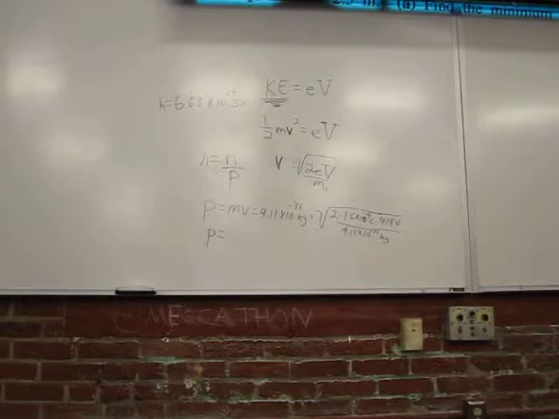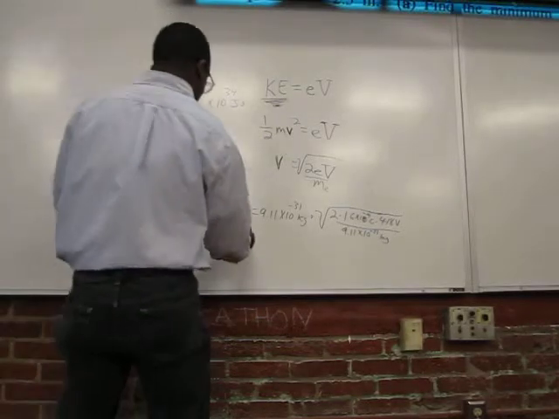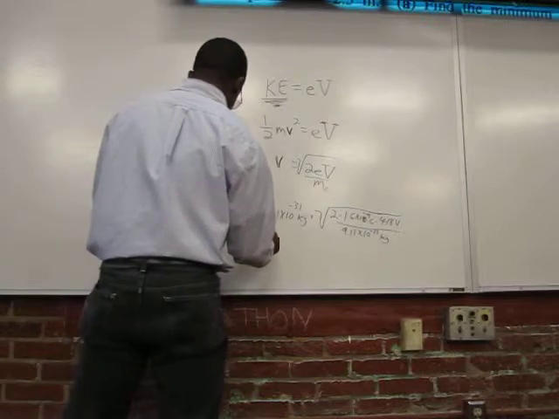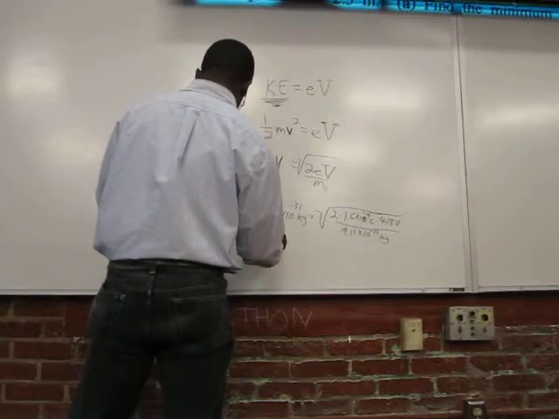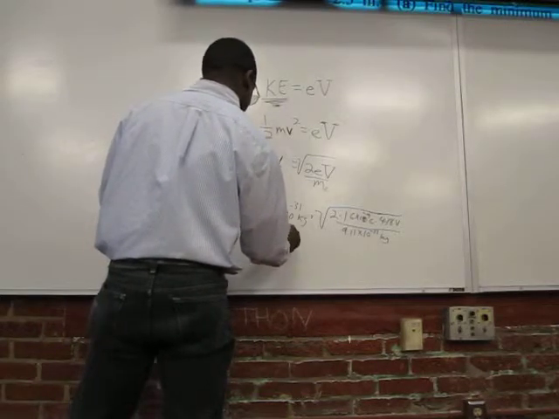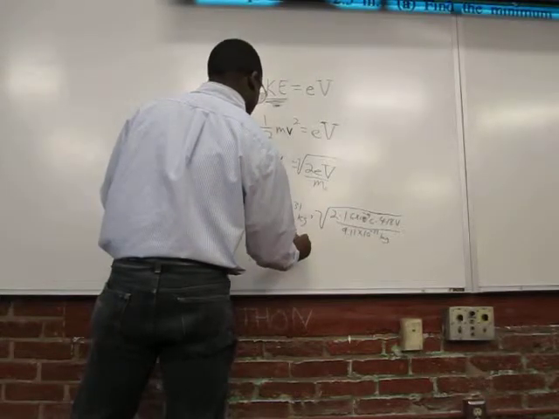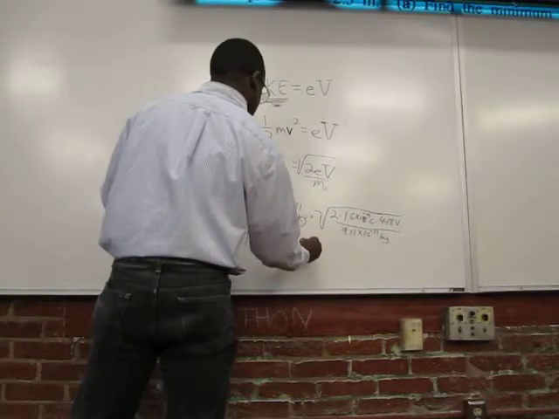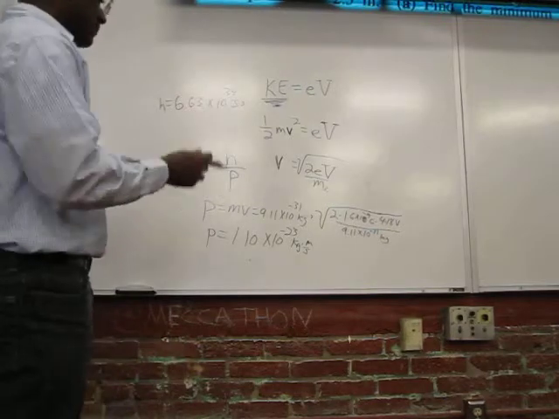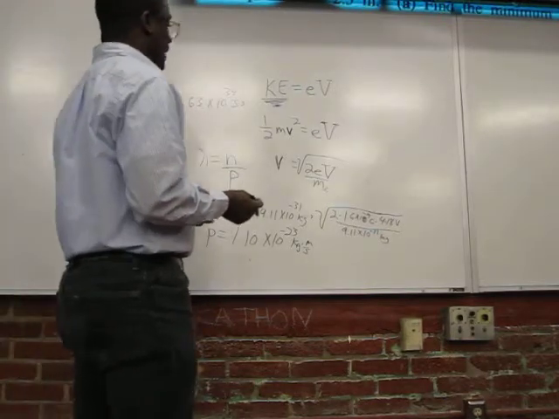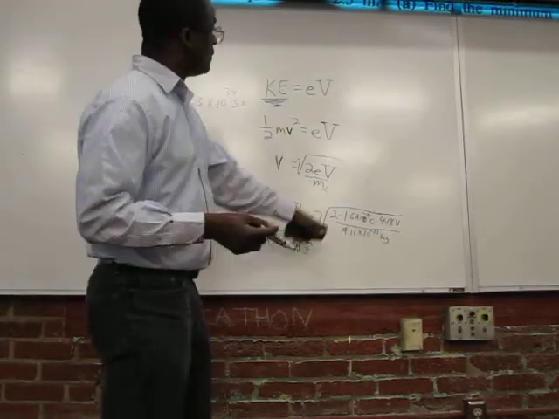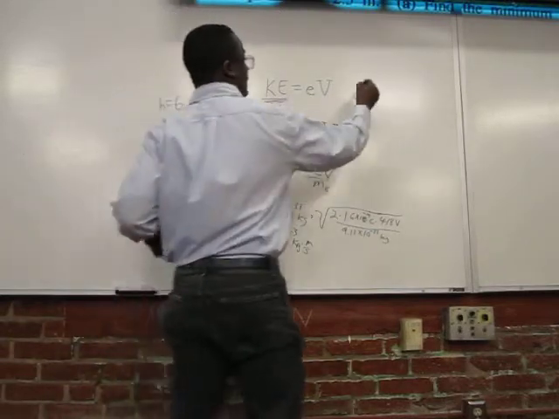Multiply that times 9.1 times 10 to the negative 31. Okay, and if I have not made a calculator error, this momentum is 1.1 times 10 to the negative 23 kilogram meters per second. And I'm just going to move right up here and calculate my wavelength.